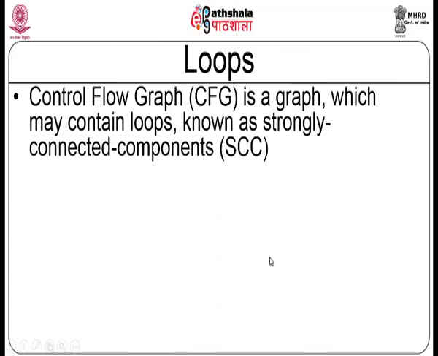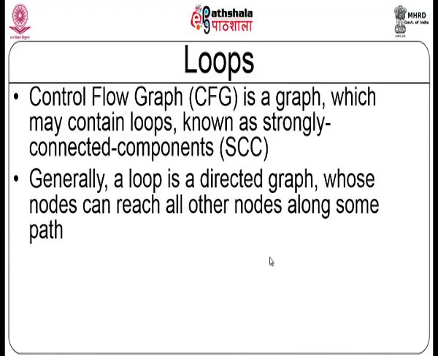Now the next one, which is very important for further modules, is a knowledge of loops. Control flow graph can be looked upon as a graph which may contain loops, and these loops are typically known as strongly connected components. Generally, a loop in a directed graph is one whose nodes can reach all other nodes along some path.